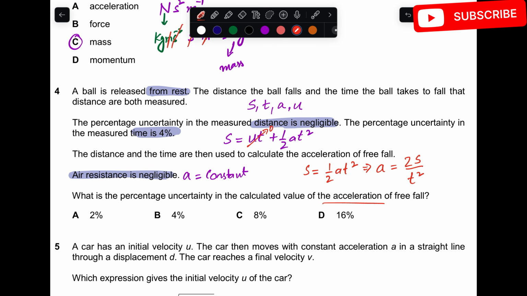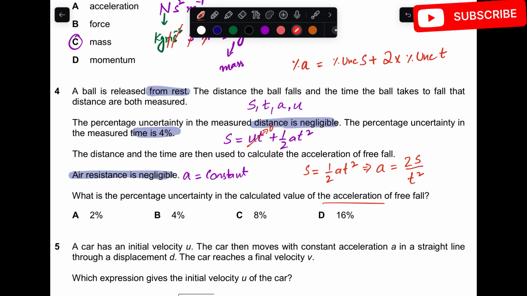Okay, when working out the uncertainties, we know whenever the quantities are multiplied or divided, their percentage uncertainties will be added up. So percentage uncertainty of a will be equal to percentage uncertainty of s plus 2 multiplied by percentage uncertainty of t. This 2 is multiplied because there is a power 2, that is a power factor.